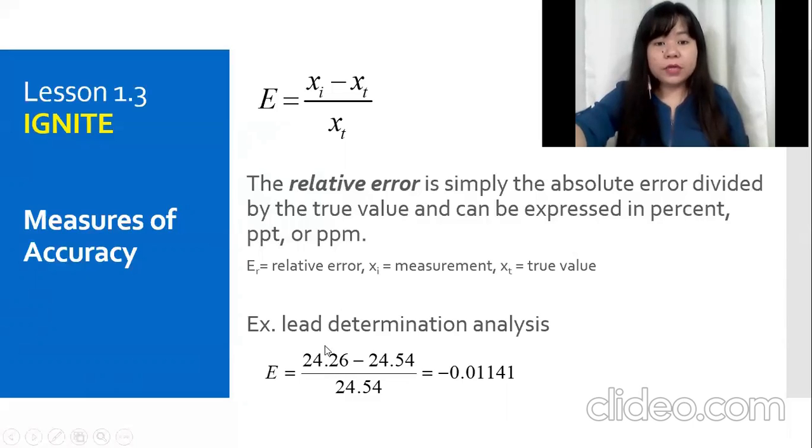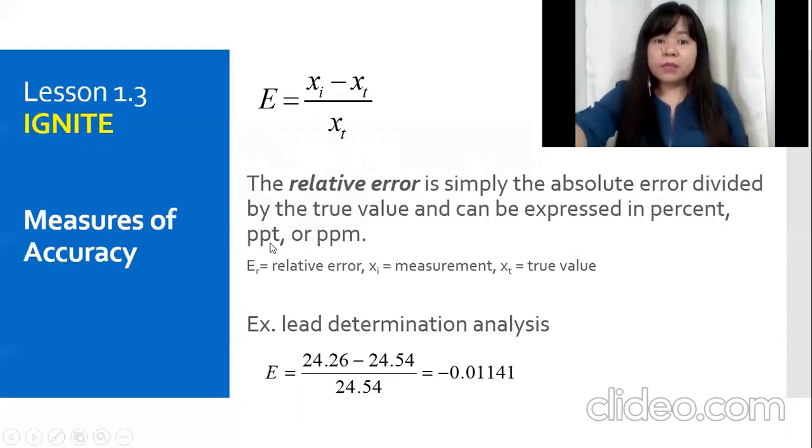Going back to our example, for the lead determination analysis, if the absolute error is negative, then the relative error is also negative. Also notice that this formula gives a result with no unit, unless you multiply this ratio with 100%, then you'll get an answer in percentage.